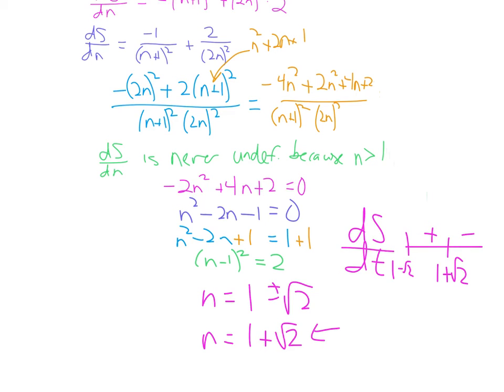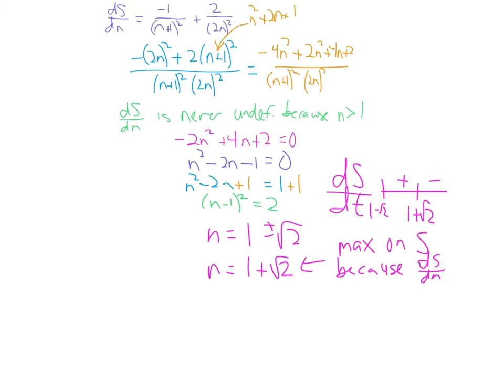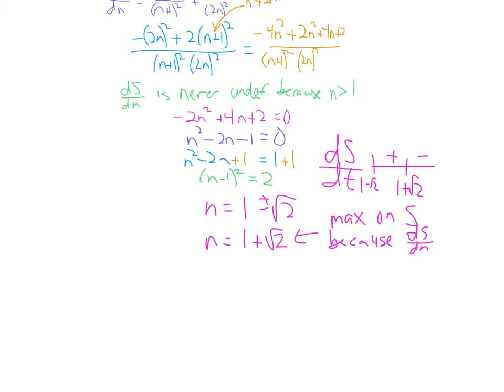So my justification is a max on S because ds dn changes positive to negative. And that's all I have to do.